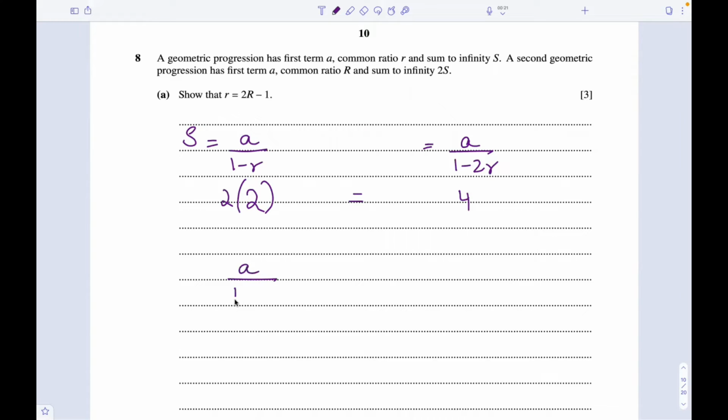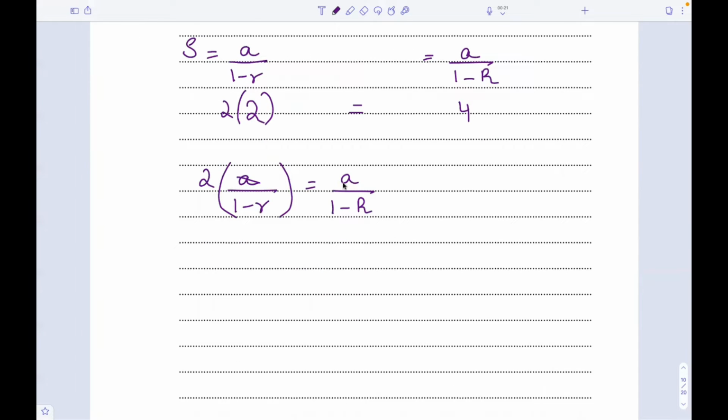So I'll write A upon 1 minus r and multiply this by 2, and write the other progression as it is, which is A upon 1 minus R. There's a slight mistake here, this should be a capital R. So A and A will cancel out.